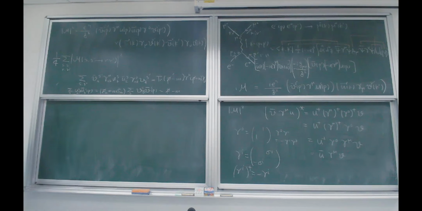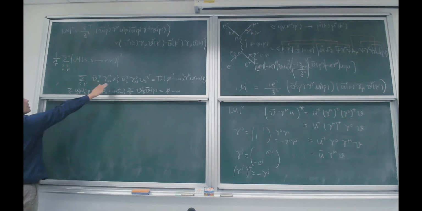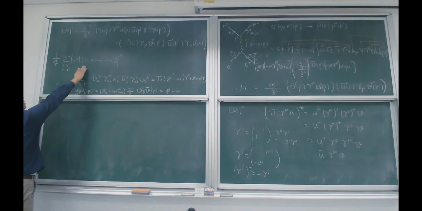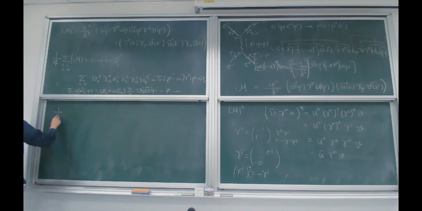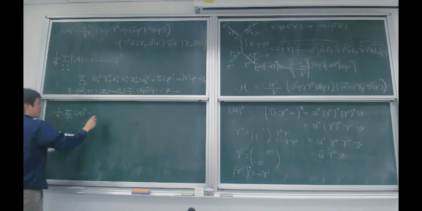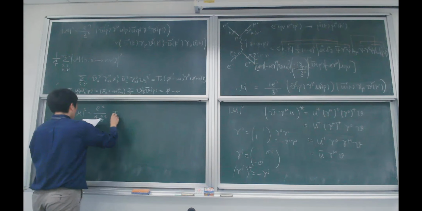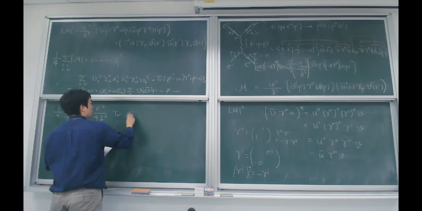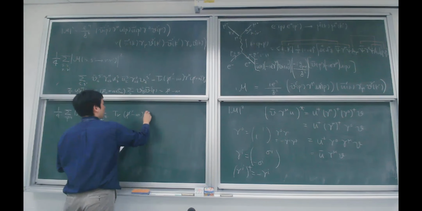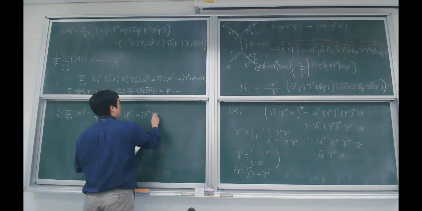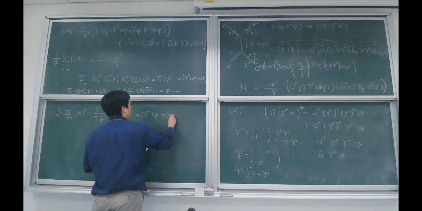Therefore, if you use this formula and sum over all possible spins, the spin-summed M squared becomes e to the fourth, q to the fourth, times the trace of p slash minus m, gamma mu, p slash plus m, gamma mu.